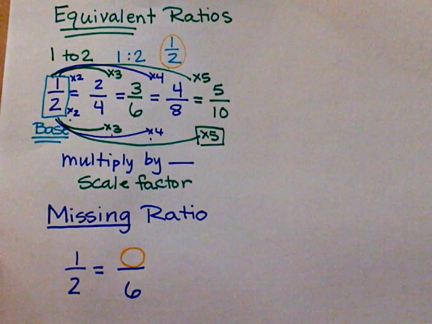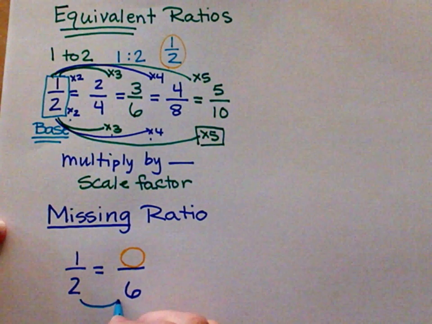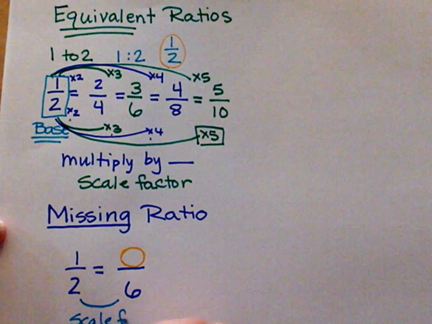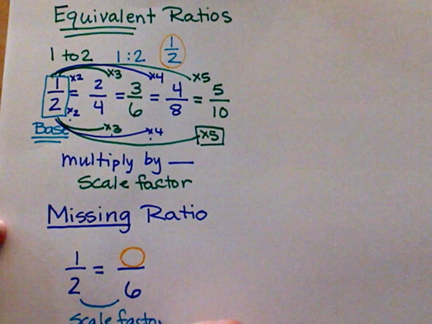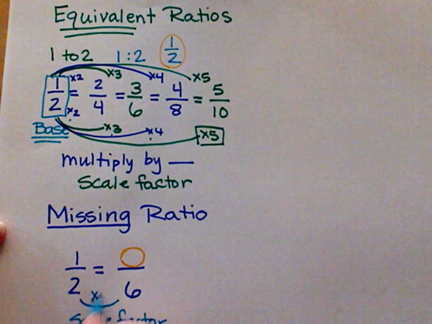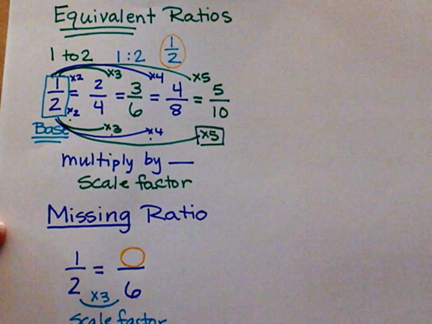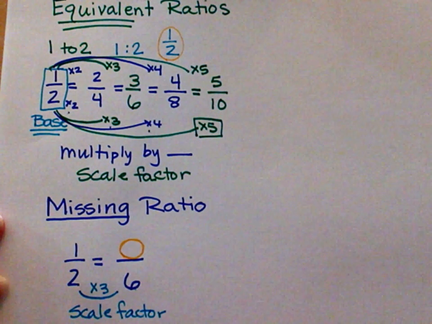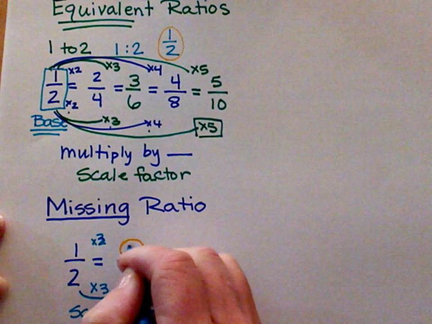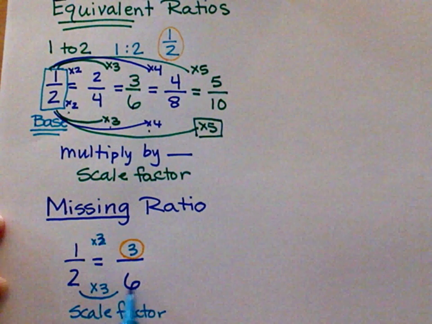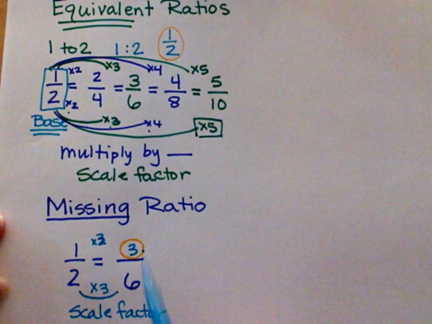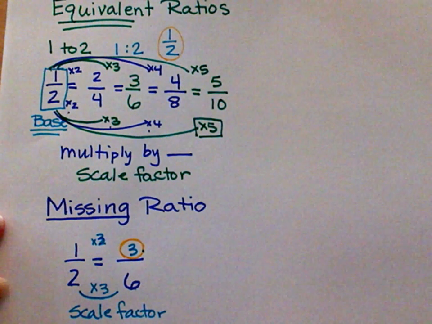So I use a scale factor. In other words, what am I multiplying by? Scale factor to get from 2 to 6. So I'm thinking of my math facts. 2 times 3 is 6. If I do it to the bottom, I do it to the top. 1 times 3 is 3. So this is an equivalent ratio, and we have found the missing number to make the ratio a true statement.